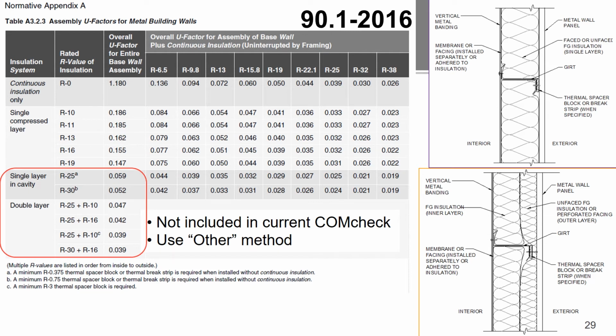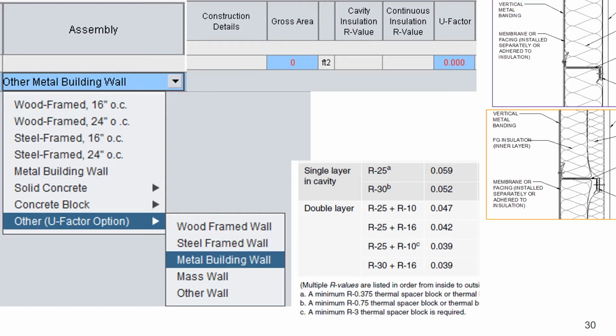So if you're listening to this webinar and you've updated to that new version of the software, then hopefully this will come up. You can just simply enter in the cavity R value for the single layer in cavity or double layer, and the appropriate U factor should automatically be calculated and inserted.